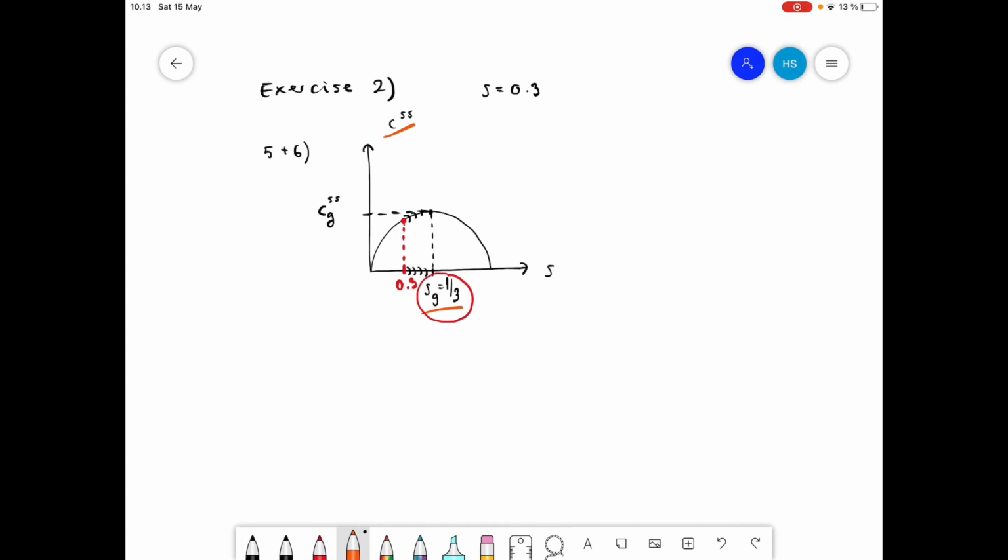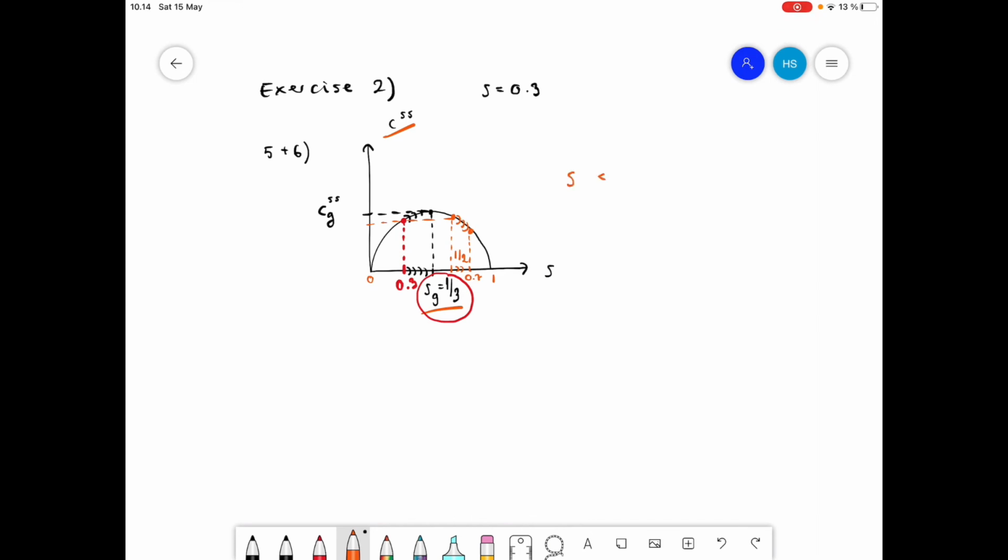Similarly, if the savings rate is equal to, say, 0.5, we will have that an increase in the savings rate, let's say we go from 0.5 to 0.7, will decrease consumption in steady state.